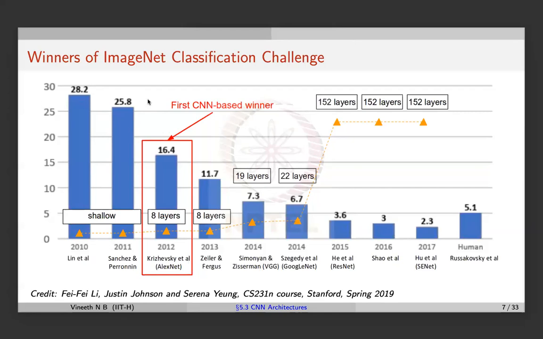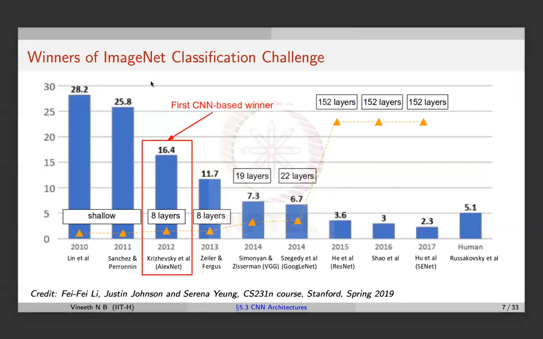If you show the 2010 model 100 new images from the dataset, it was able to correctly classify only 72. So this is the error rate: how many images they mispredicted or misclassified. It was 28, and in 2011 it reduced to 25.